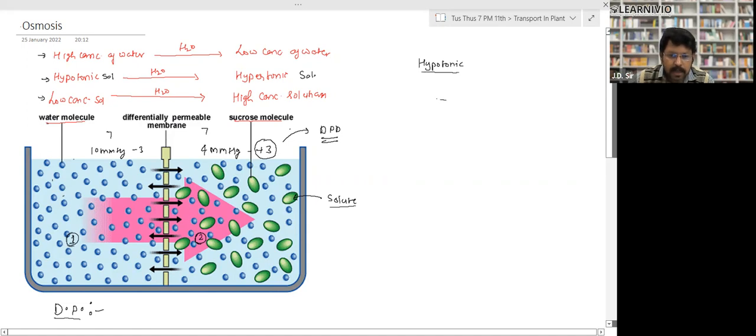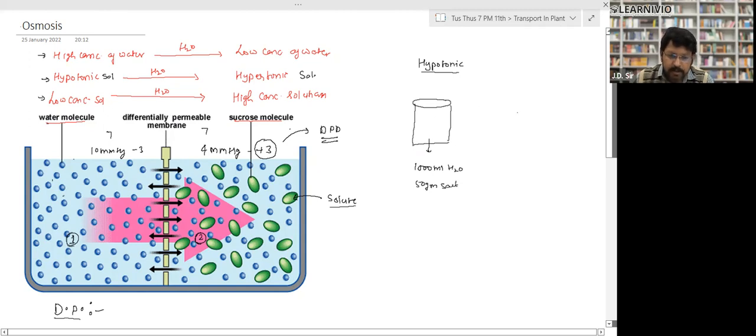Suppose that I have a tumbler. In this tumbler, I have 1000 milliliters of water, and then I have 50 grams of salt.